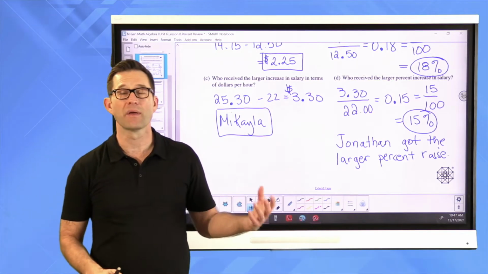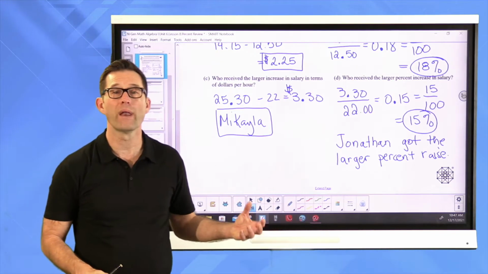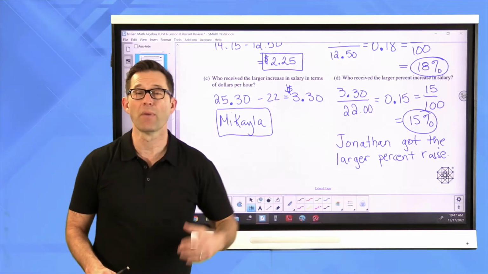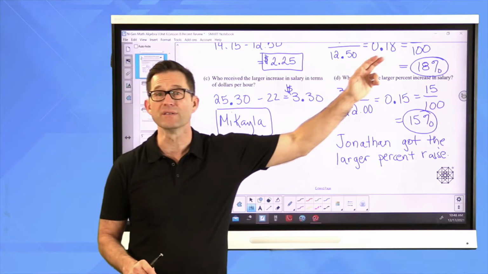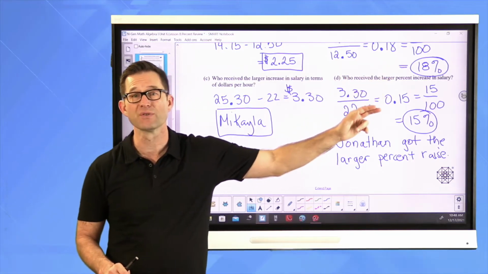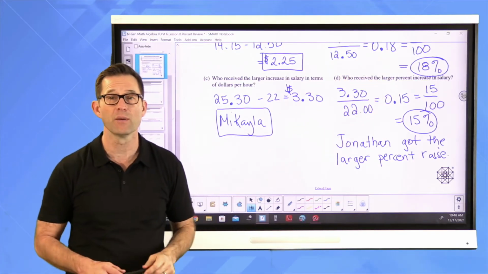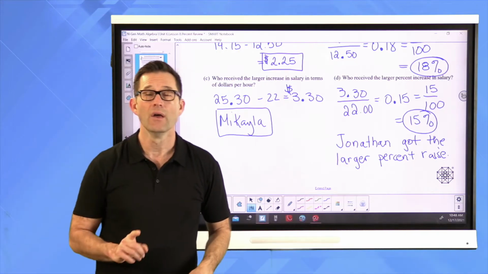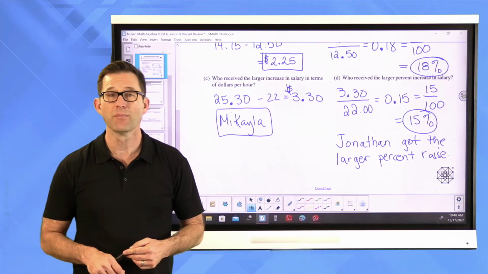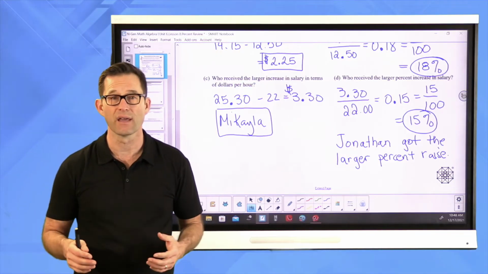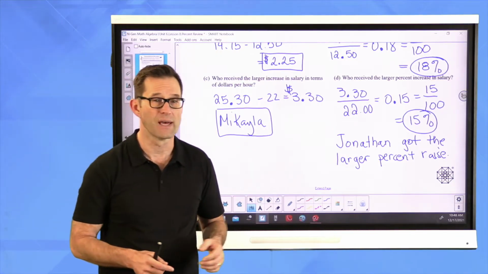There's no question that Michaela's buying power went up more than Jonathan's buying power. But if they continued getting raises, Jonathan continued getting an 18% raise, Michaela continued to get a 15% raise, eventually Jonathan's salary would become higher than Michaela's salary simply because the percent raise he's getting is higher than Michaela's percent.